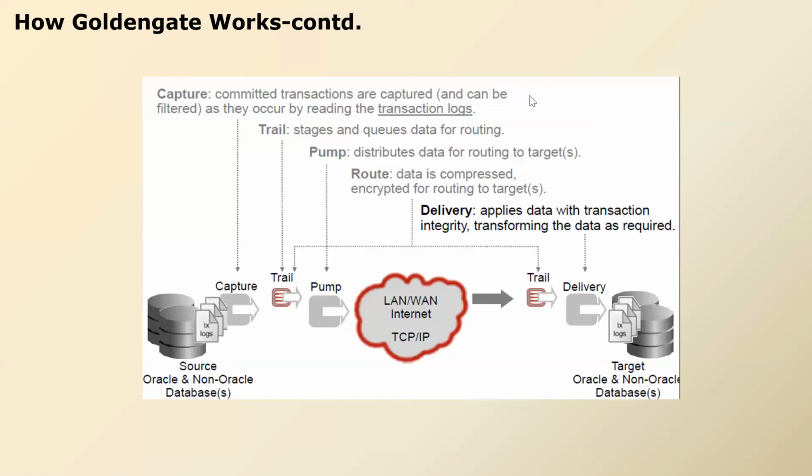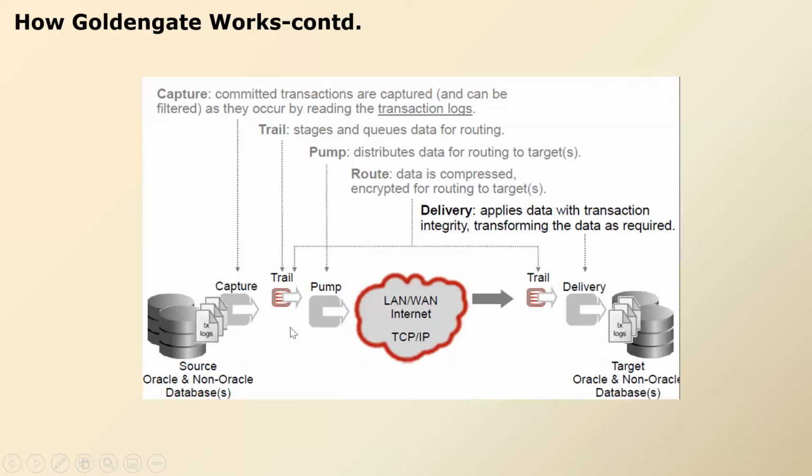GoldenGate also supports and ensures transactional data integrity. It ensures that there is no data loss anywhere. So there are three processes involved in GoldenGate replication: extract, data pump, and replicat process. Guys, if you are a DBA, you might get confused.